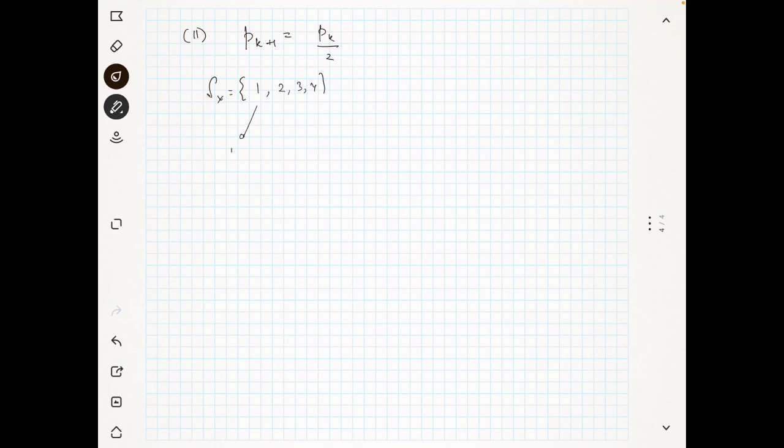Let's say this is p1, then p2 will be p1 divided by 2. Next p3 will be p2 divided by 2, and since p2 is p1 by 2, this is nothing but p1 by 4.